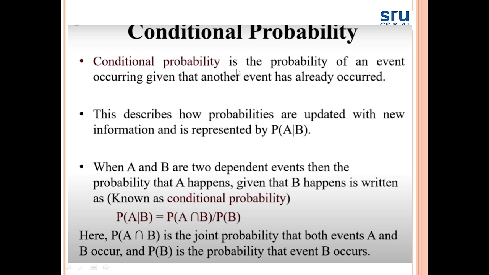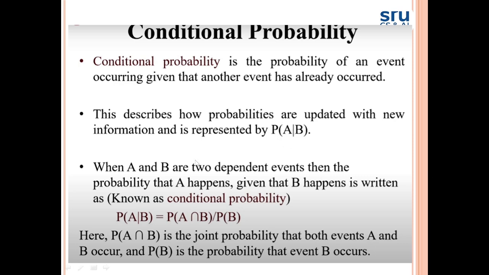Then we have conditional probability, which is the probability of an event occurring given that another event has already occurred. It is given by this expression.